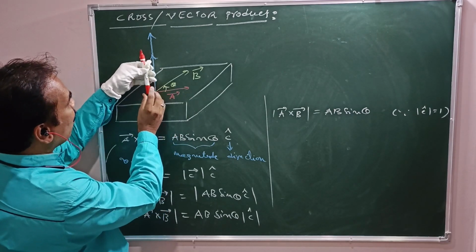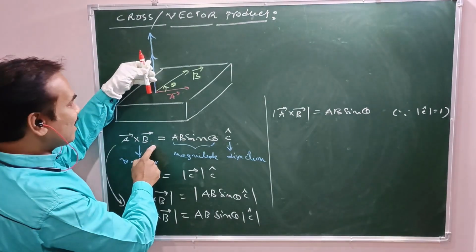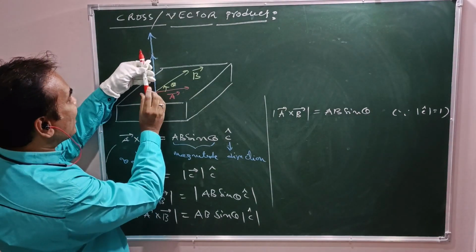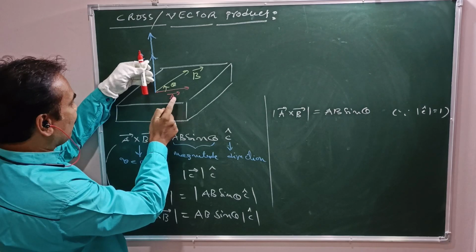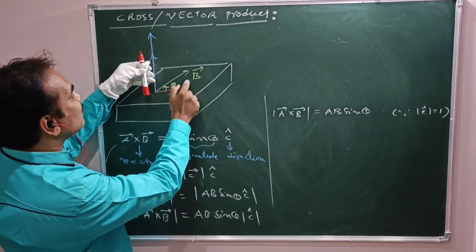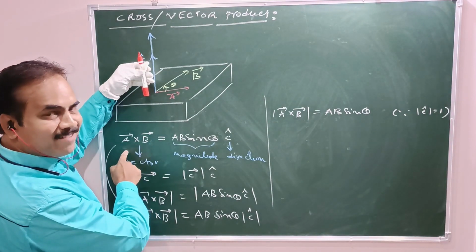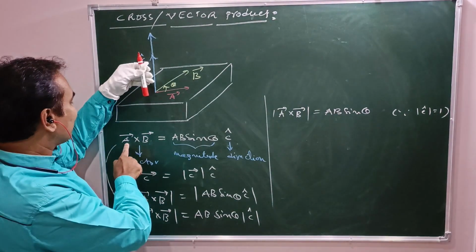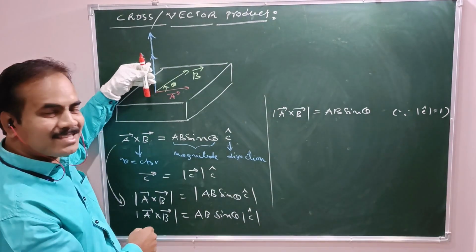Now, A bar cross B bar, in the sense, rotate the head of the screw from the first vector to the second vector. In A bar cross B bar, A bar is the first vector, B bar is the second vector.